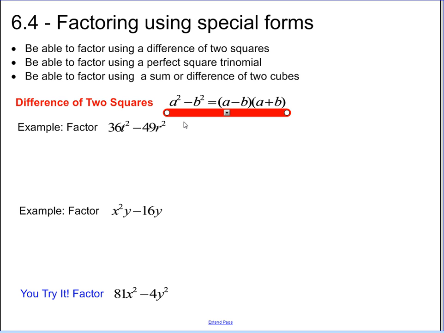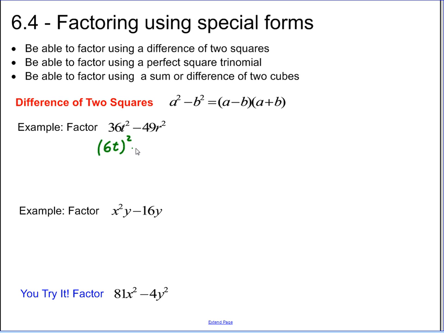Now, how does this work? Well, in this particular case, let's take a look at this first form. How does this fit the pattern? Well, we'll note that the first term is the square of 6t. How do I know? Well, we can write it out. If we were to square 6t, we would get 36t squared.